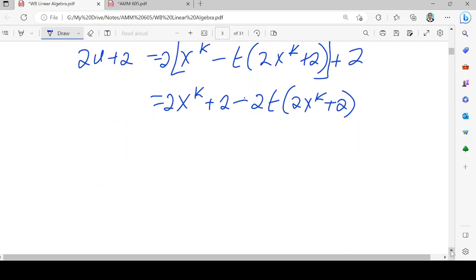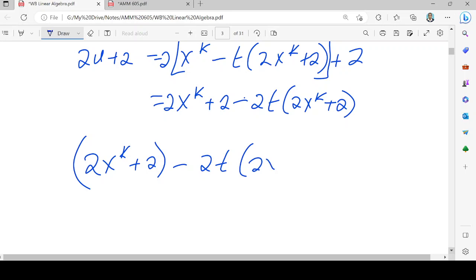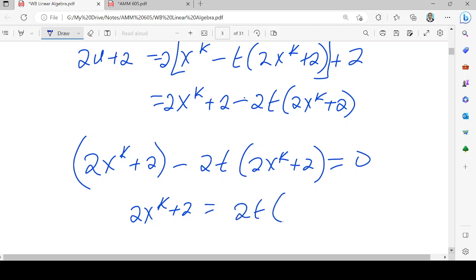So we write 2x k plus 2 minus 2t into 2x k plus 2 is equals to 0, meaning that 2x k plus 2 is equals to 2t into 2x k plus 2.